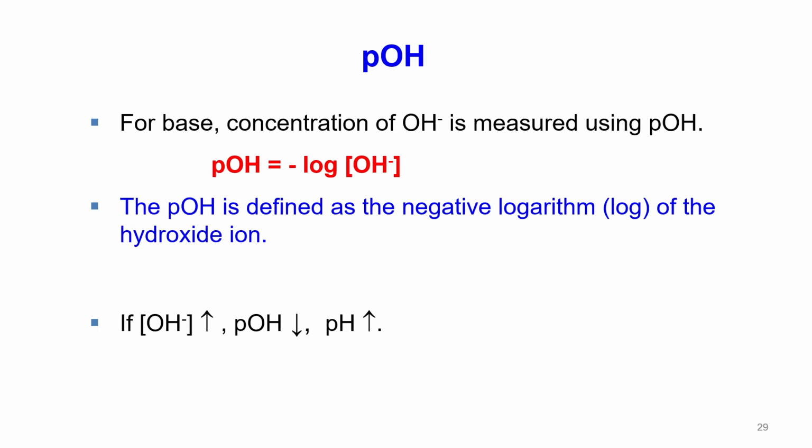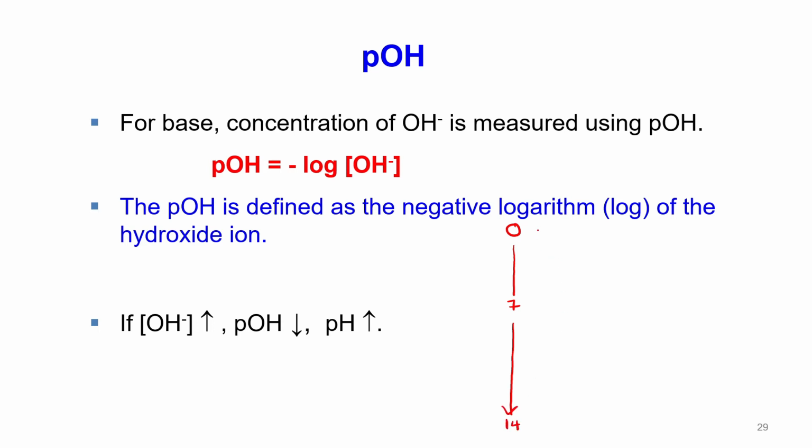You just use the calculator, press negative, then log, and then the value of OH-. If OH- is high, pOH is low and the pH value is high, meaning that it is more basic. The scale starts from 0, then 7, and then 14.